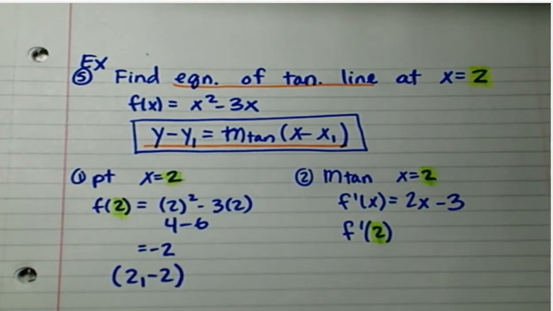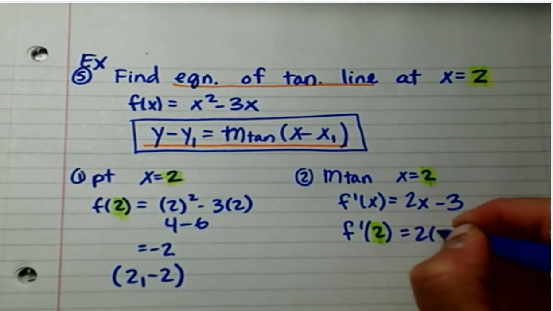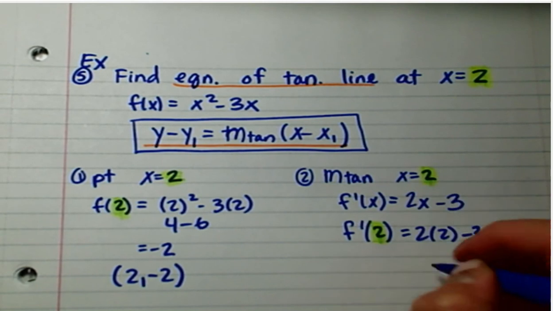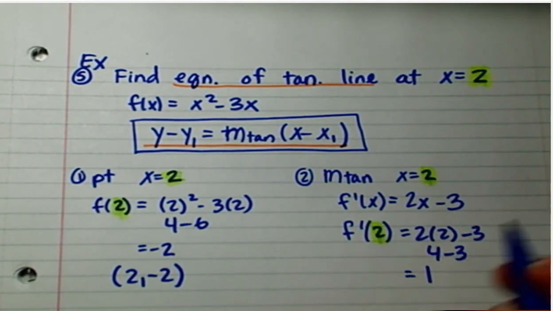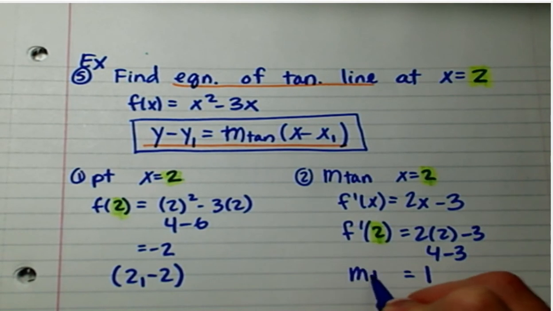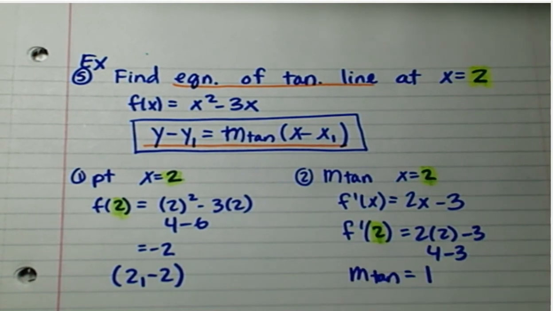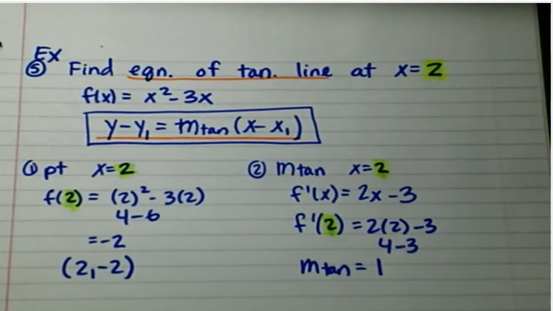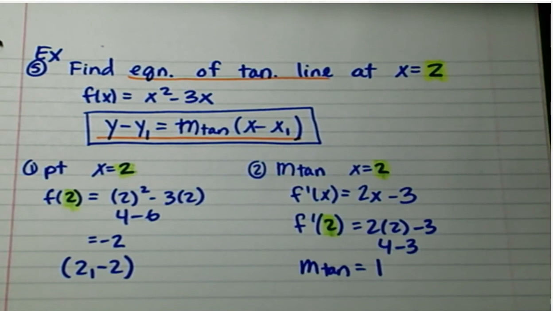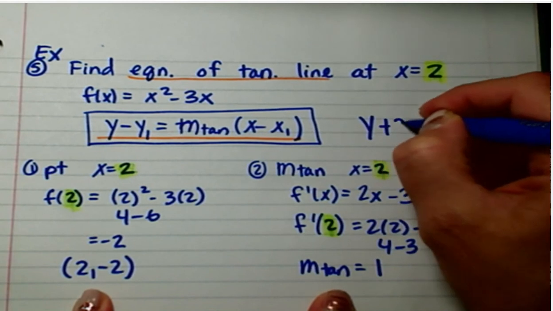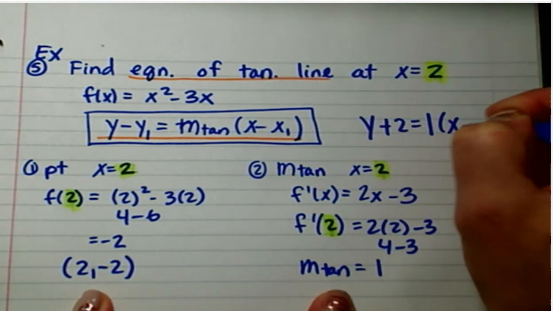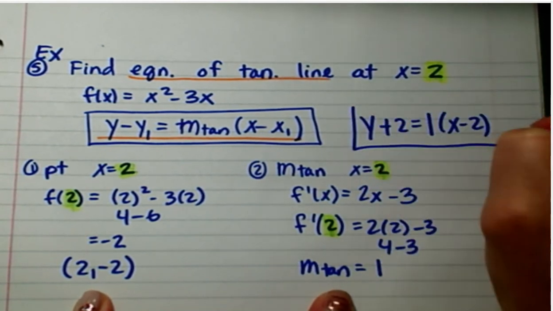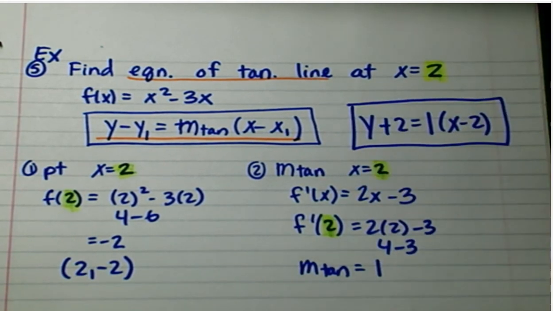I'm just plugging it into the derivative because the derivative is the thing that tells me what the tangent slope is. Okay, so the tangent slope is 1. All right. Point and slope. Put a box around it. Done.